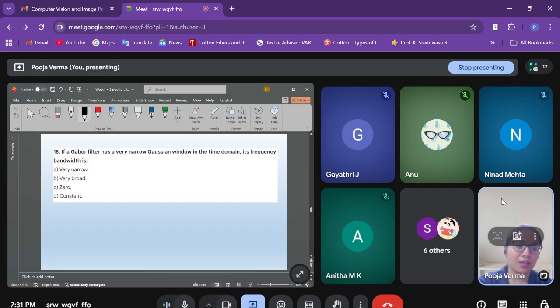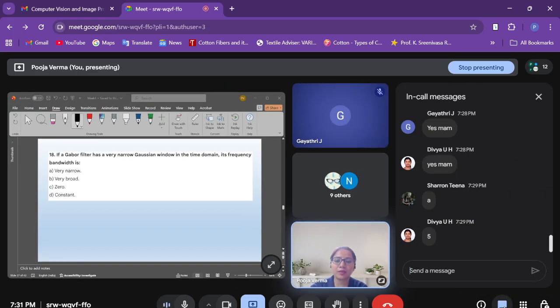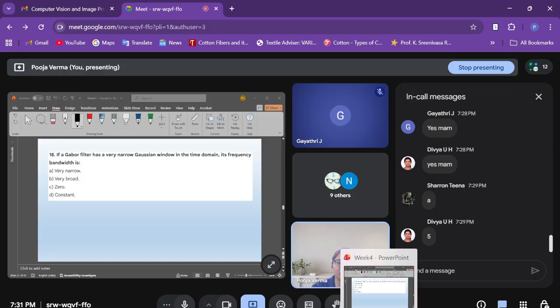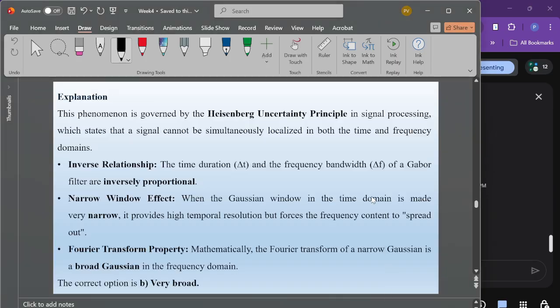Any answers? Any guesses? If a Gabor filter has a very narrow Gaussian window in the time domain, its frequency bandwidth is. Okay, so let's see the solution here.